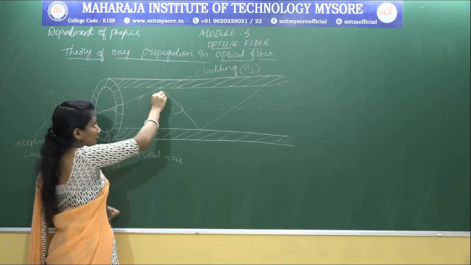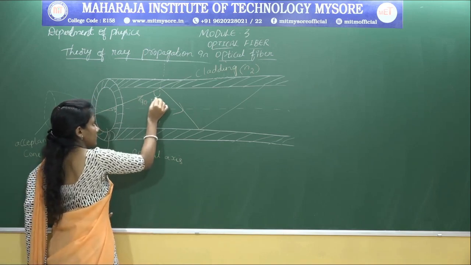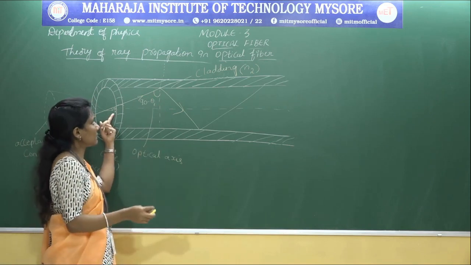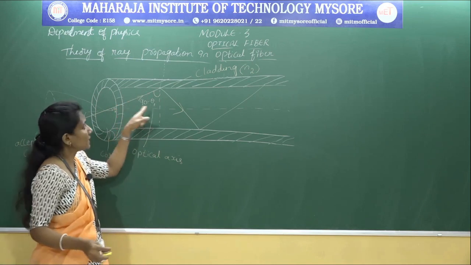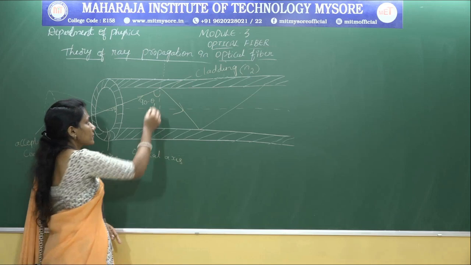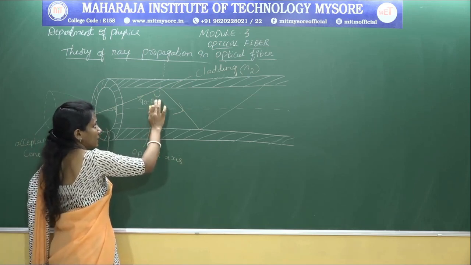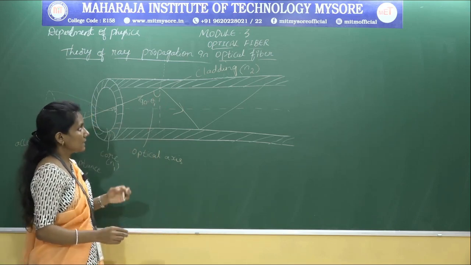It will make an angle of 90 minus theta 1. So this is theta 1, and this is the first quadrant, that will make an angle of 90 minus theta 1. So that is equal to the critical angle. That 90 minus theta 1 is equal to the critical angle.